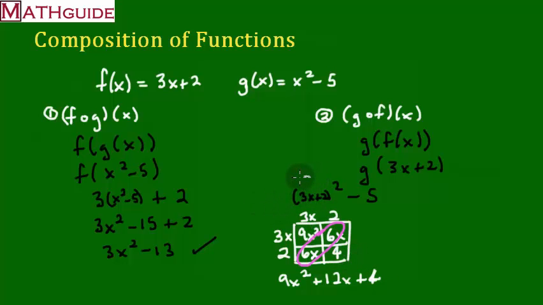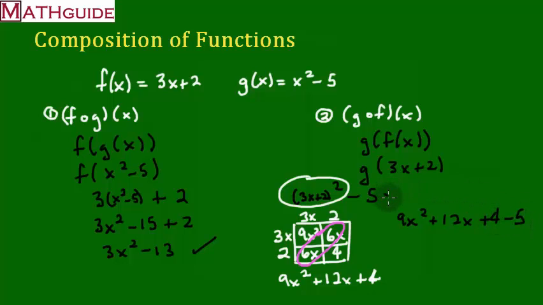We just squared this. So after squaring this, the answer for that part is 9x squared plus 12x plus 4. But we still have to subtract 5. And that's what a lot of people forget when they do these problems. They take a partial solution and they think they're done. Okay, so we're going to take that and subtract 5.